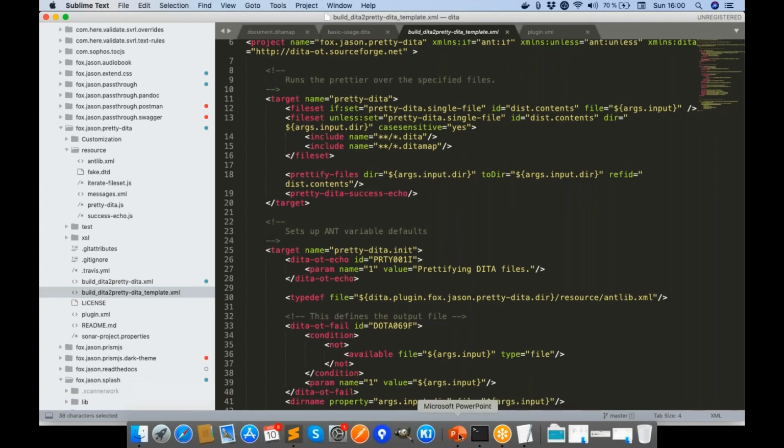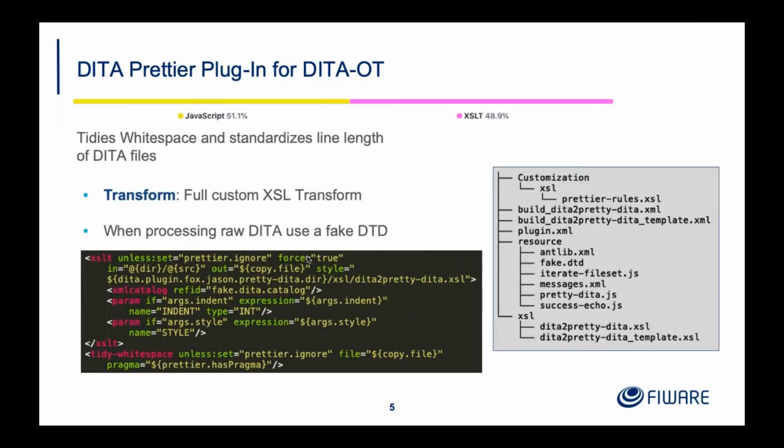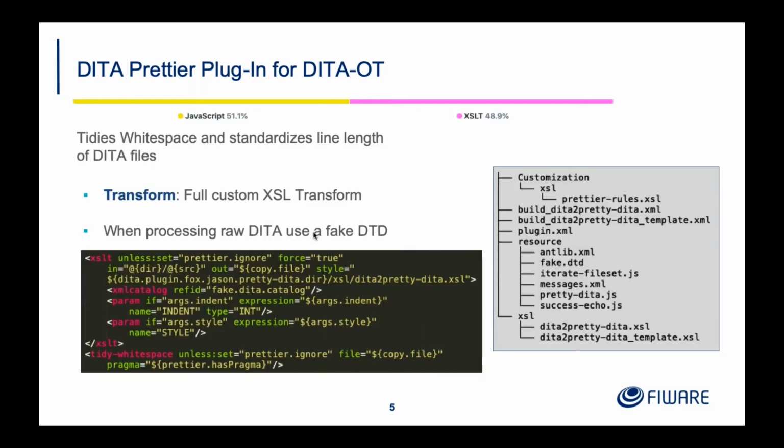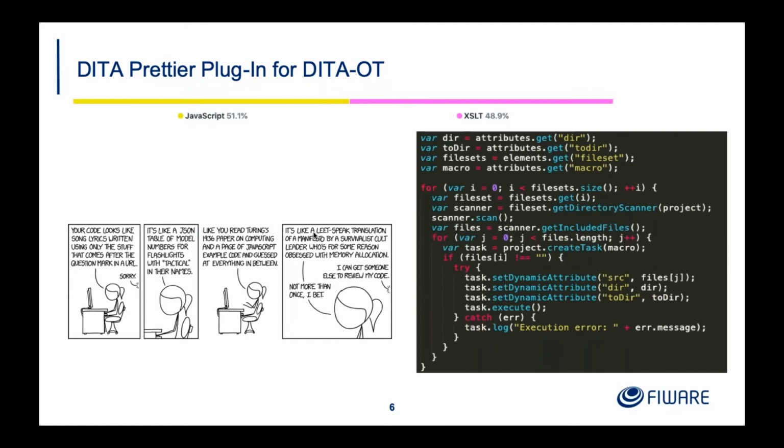Okay, let's go back to the presentation. What I need to do here, as you saw the tidy white space, is I need to be able to go in and look at a set of files and then apply a function on each one of those files.